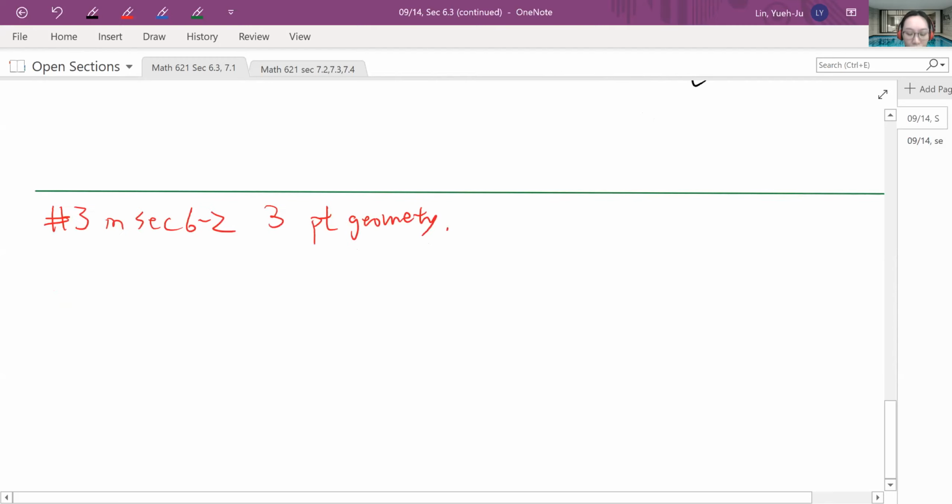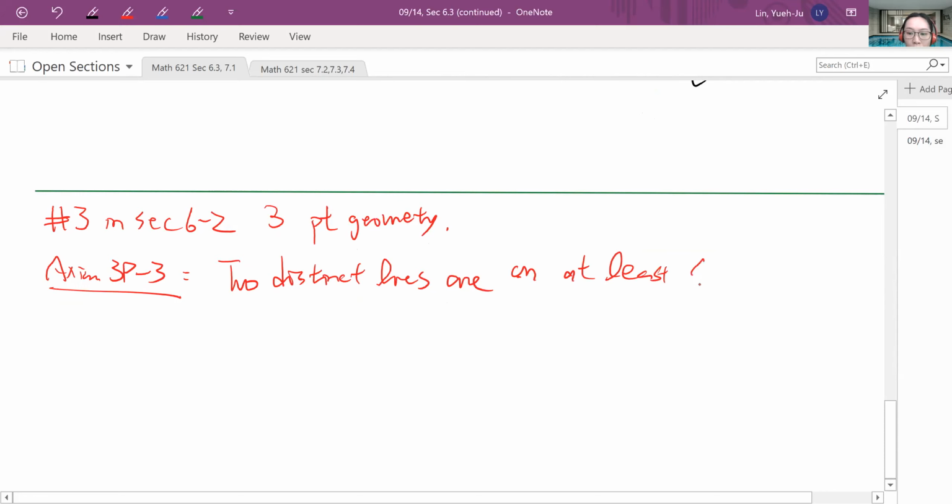One thing I want to clarify is one of the statements here. Axiom 3 says two distinct lines are on at least 1 point.